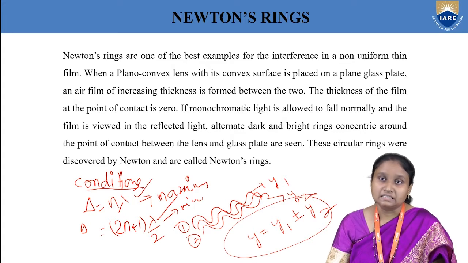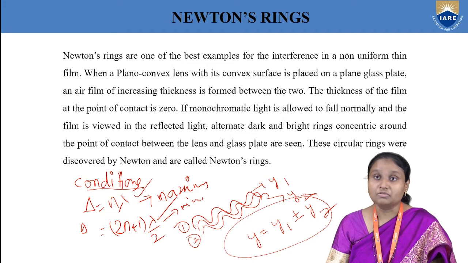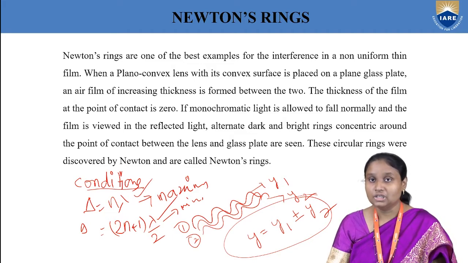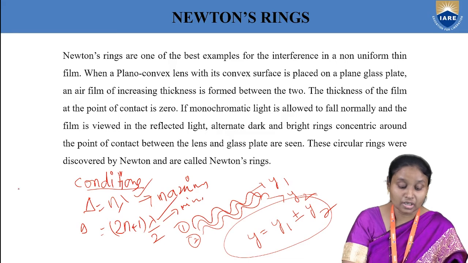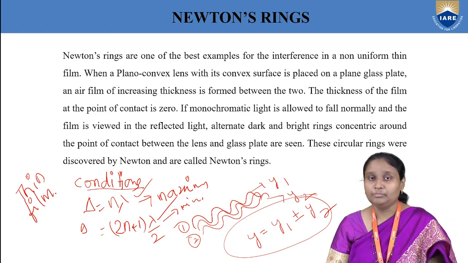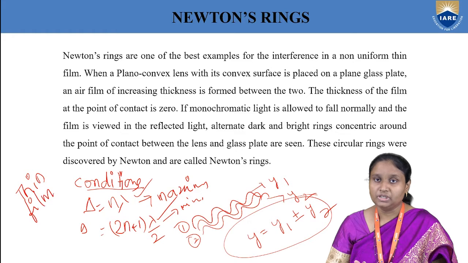And what exactly is this Newton's rings experiment? This experiment is completely based on the phenomenon of interference. Here we make light fall on a thin film. What do we mean by a thin film? We take a medium, which can be glass or a liquid, or any material.